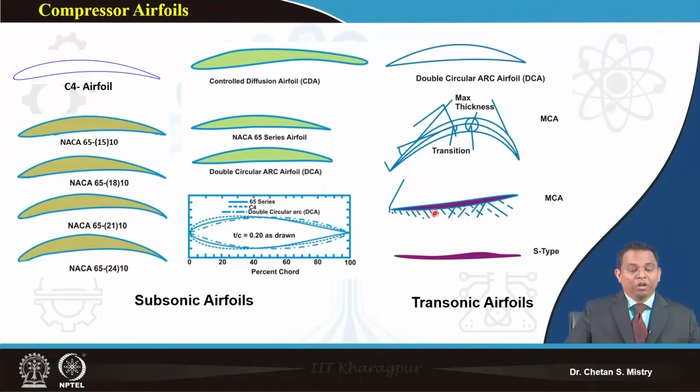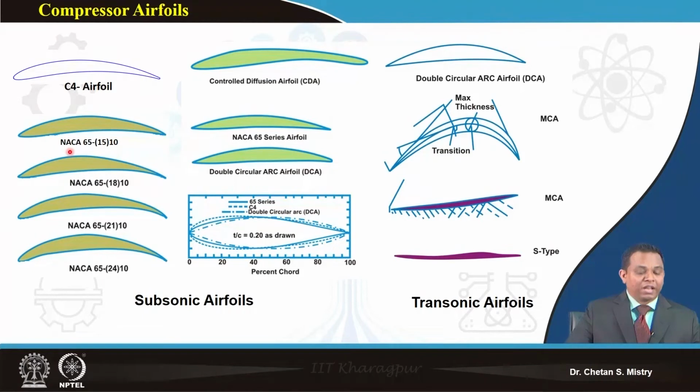Now let's move towards the aerofoils we have introduced. These are the aerofoils people are using these days for compressors and fans. Here, this is the C4 aerofoil, which people used to say is a British aerofoil.